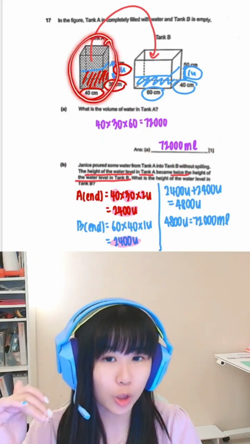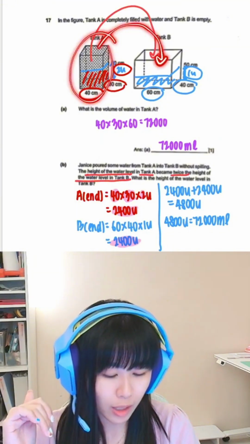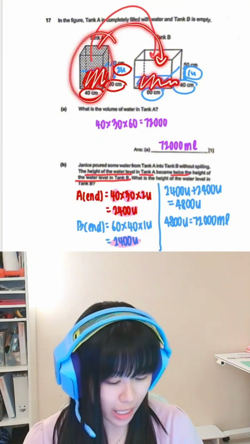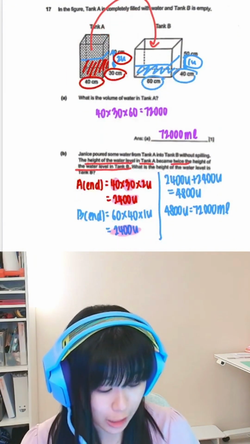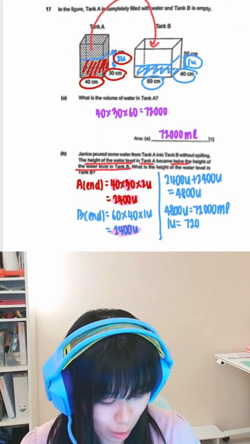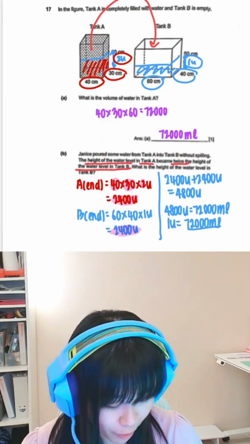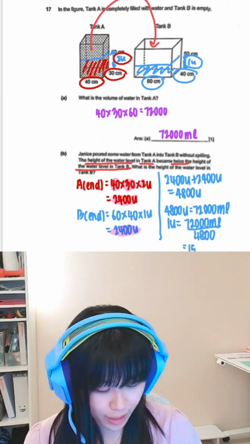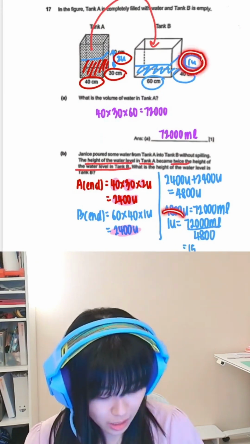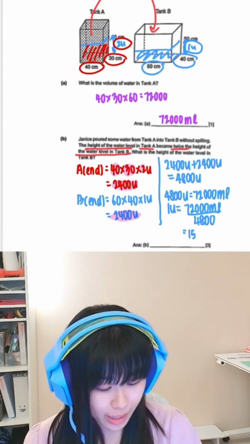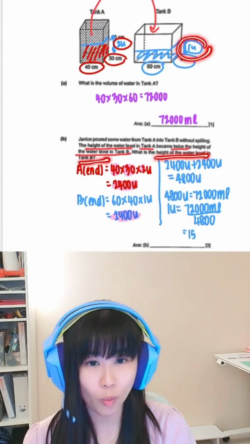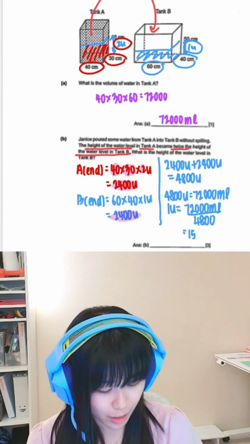Internal transfer, total unchanged, because you pour over, you left here and here, right? So that is your 4800 units that you have calculated. To find 1 unit is 72,000 ml divided by 4800, which is 15, and your 1 unit is 15. That's exactly what they asked you, right? The height of water level in tank B, that's your 1 unit. That's how you find your answer, 15 cm.